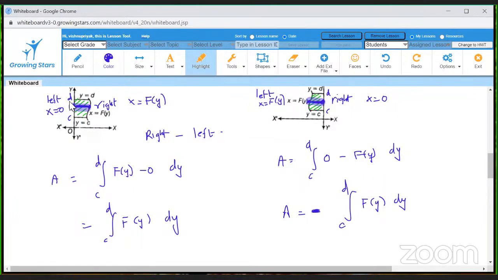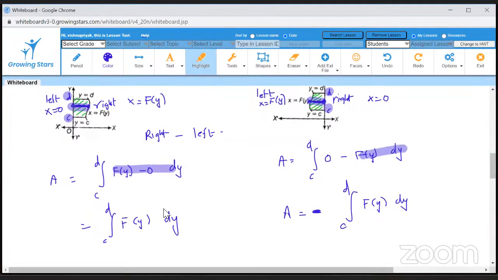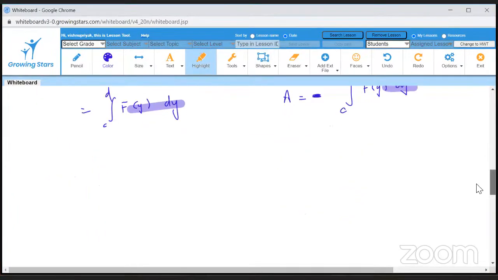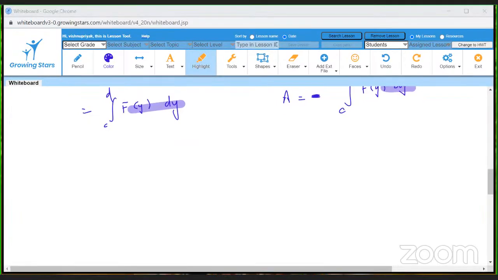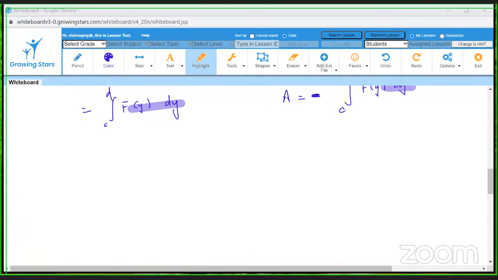Then C to D on y-axis. Then the equation also in y. No x. So these are the 4 cases at present to find the area. I'll put one question. Try this.